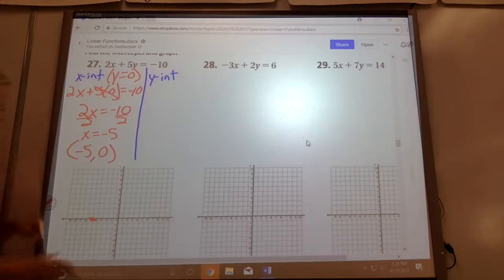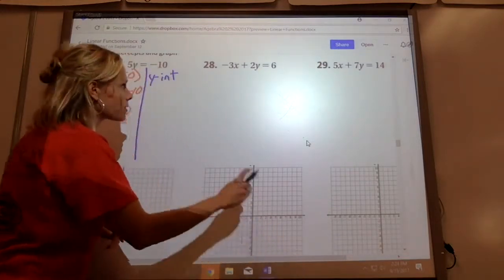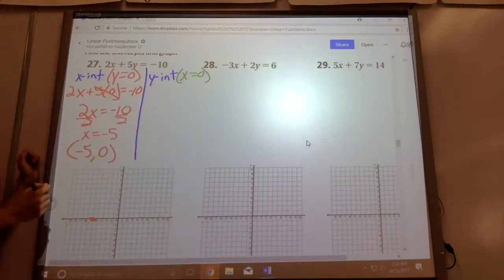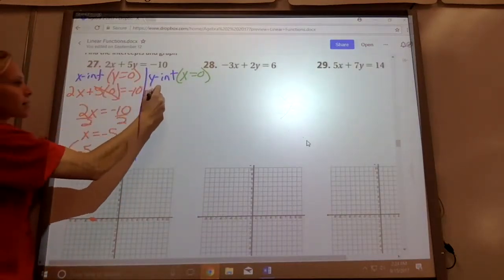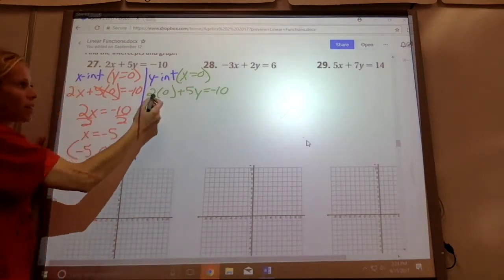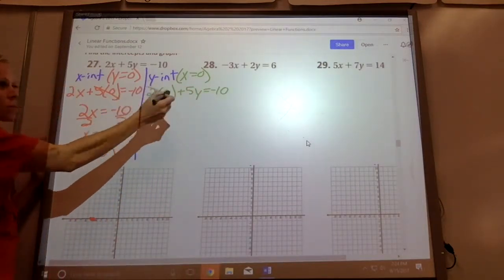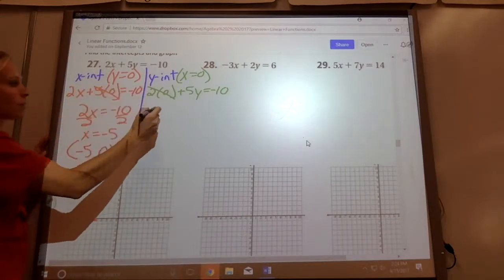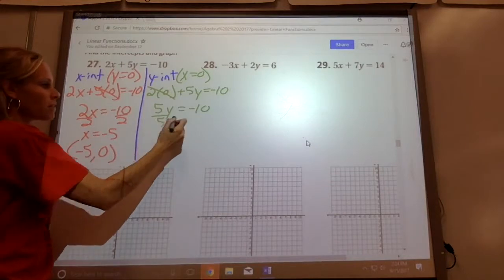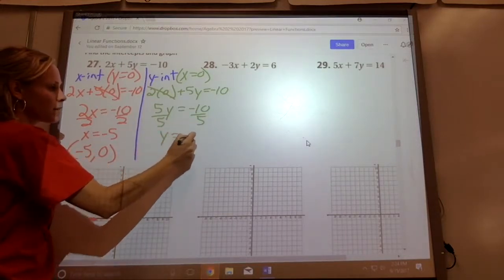Same thing for y-intercept. I know y-intercept, x is 0. So I put 0 in for the x now, which anything times 0 is 0, so that just goes away. 5y equals negative 10. Divide by 5, negative 2.